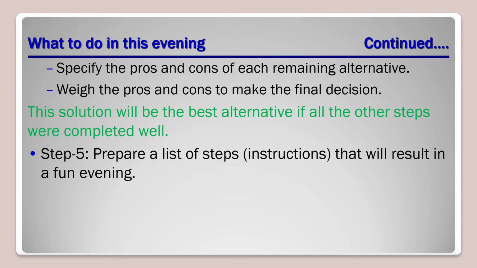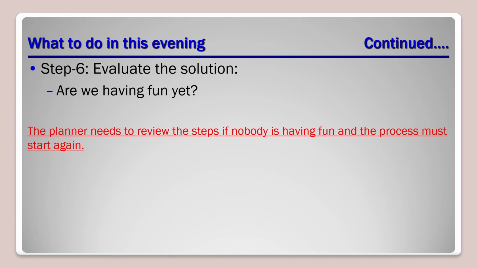So all these instructions you need to write. Sometimes these instructions are in your mind, and you make a single person responsible who will coordinate and organize all this. At the end of all these activities, you need to evaluate whether your evening was fun or not.